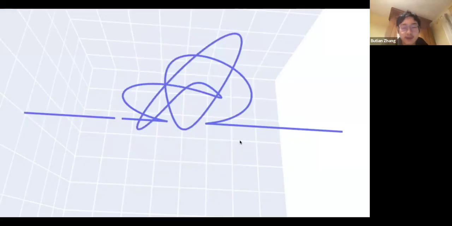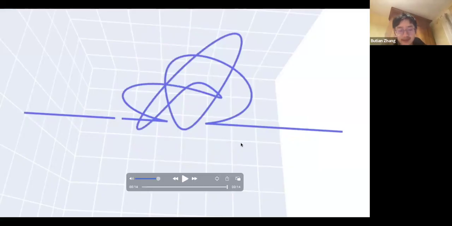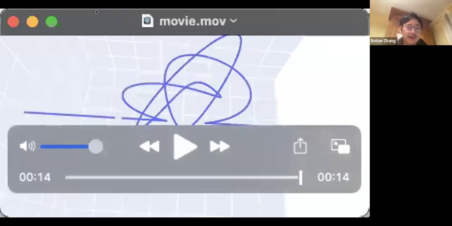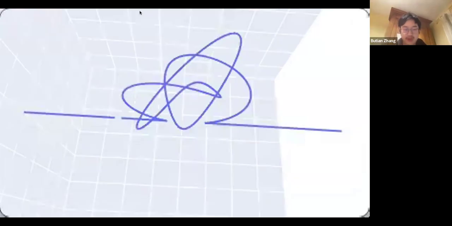Okay, that's all. As you can see, this knot has many isotopies during this video, and this represents an arc in the space of long knots. But since at the beginning and at the ending it comes back to itself, it forms a loop in the space of long knots.